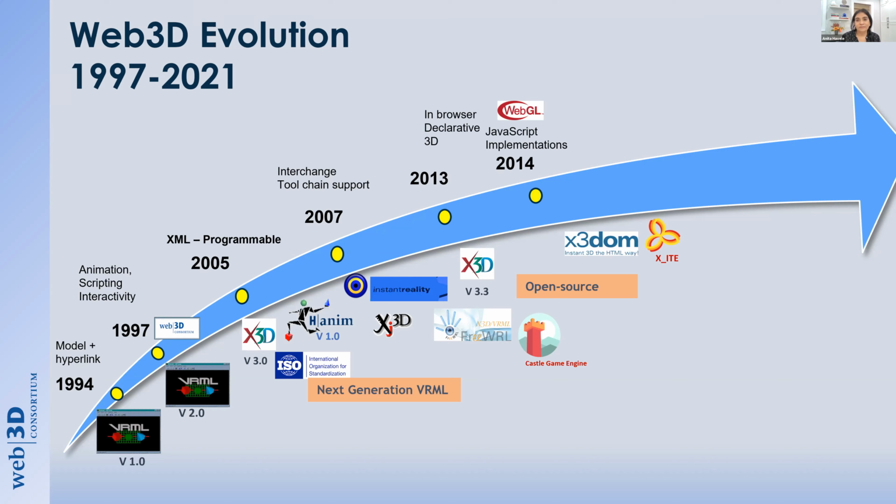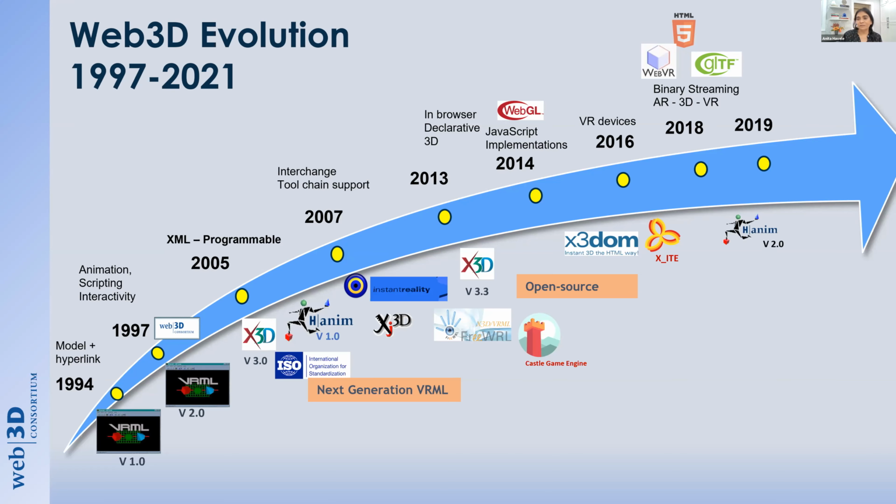With WebGL in 2013, 2014, there were several JavaScript implementations, X3DOM and X_ITE, and here we had an opportunity to provide 3D on the web without any plugins. This was a big game changer. And then in 2016, 2018, all the VR devices started coming into the market, and X3D was providing support for WebVR and also binary streaming with glTF. And in the last couple of years, we have provided HTML and glTF integration.